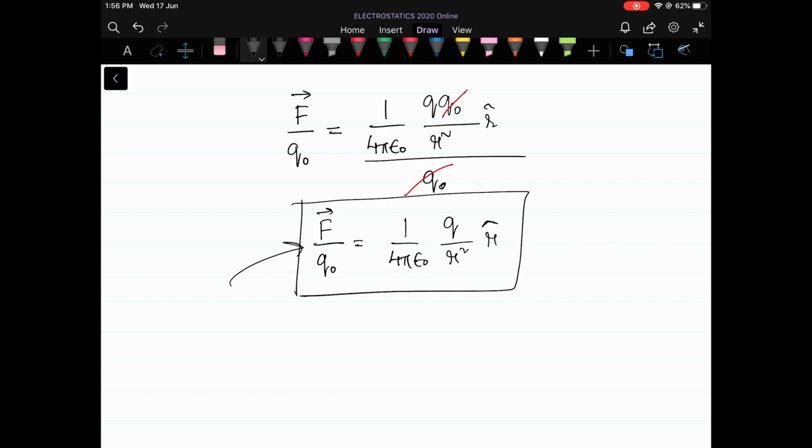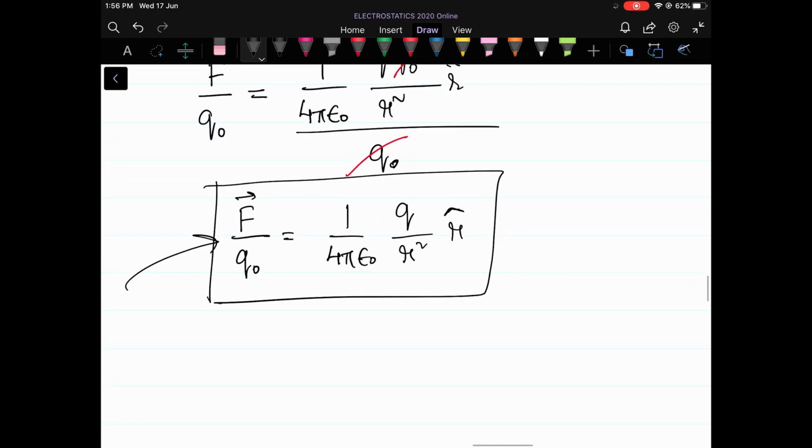Now clearly this is not force, but we have to call it force per unit charge. This force per unit charge, if you look, is clearly the property of the source charge, and it's a function of the distance of the source charge from a certain point. This is what we call electric field at that point.